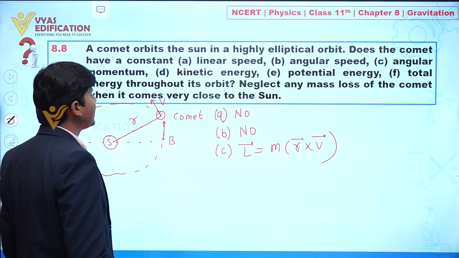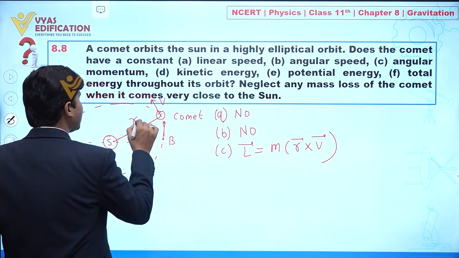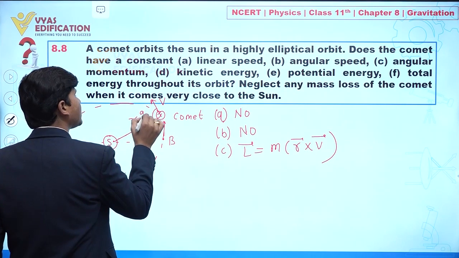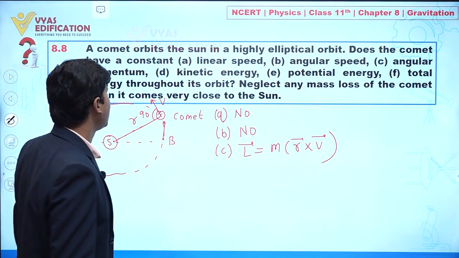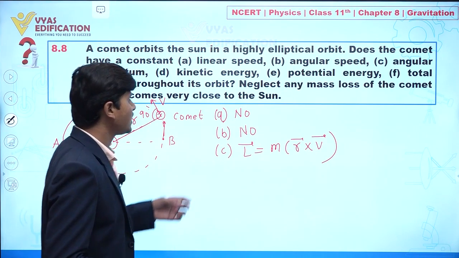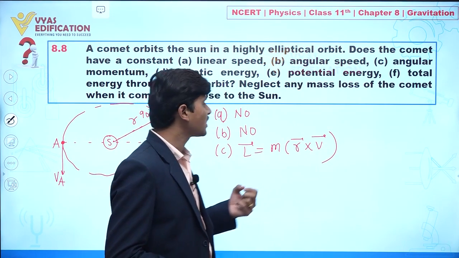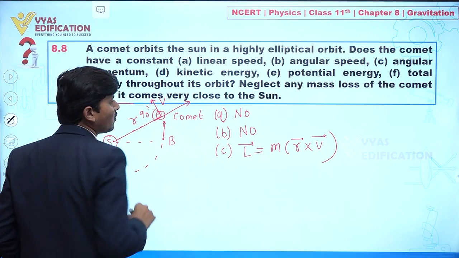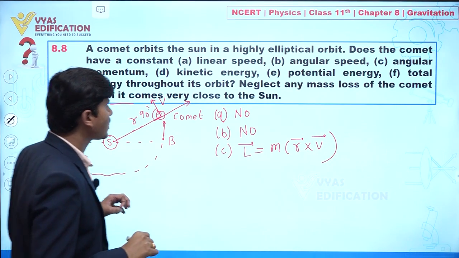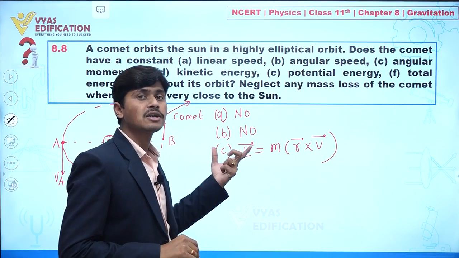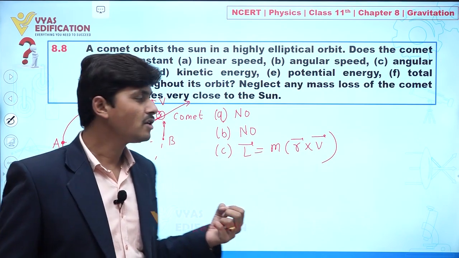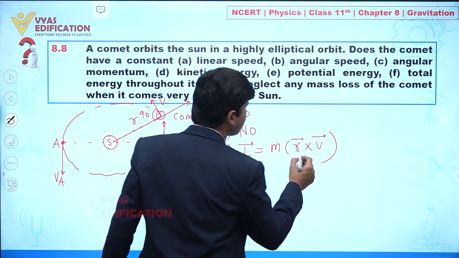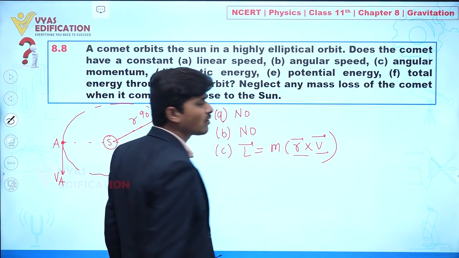So you will find at every position the angle between this r and v vector is always such that L is equal to m r cross v. R is given to you in this position, and here we have v. This physical quantity always remains conserved, because for a particular point we have constant r and constant v.